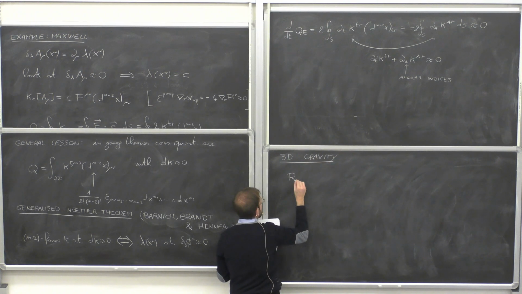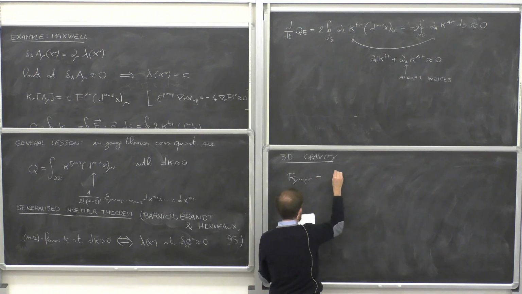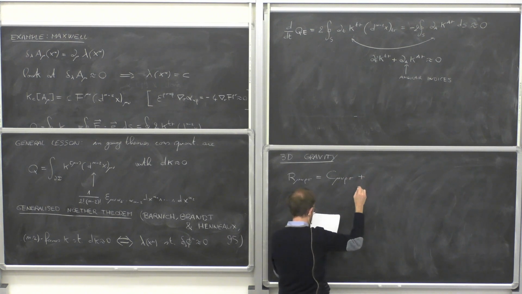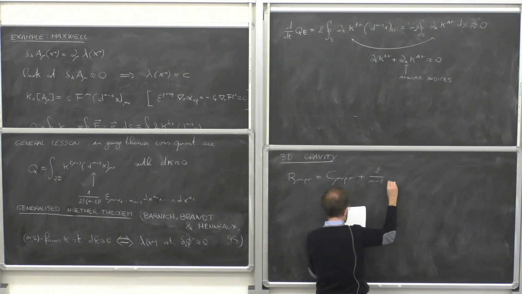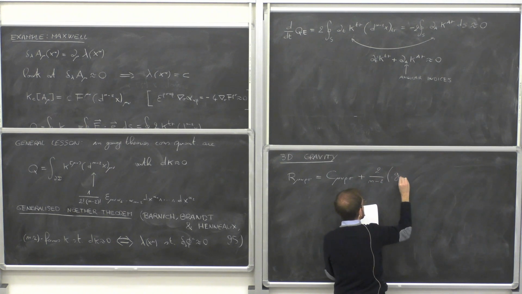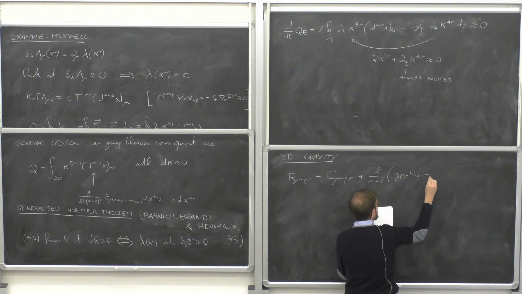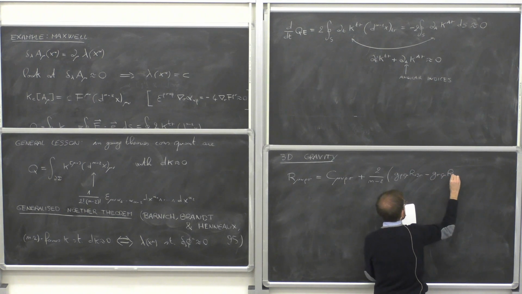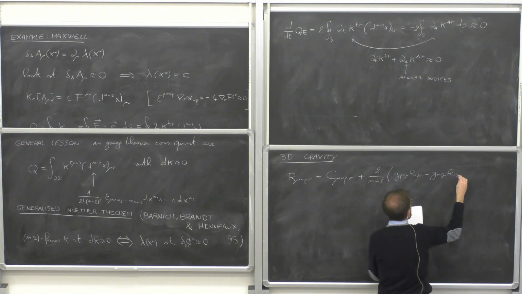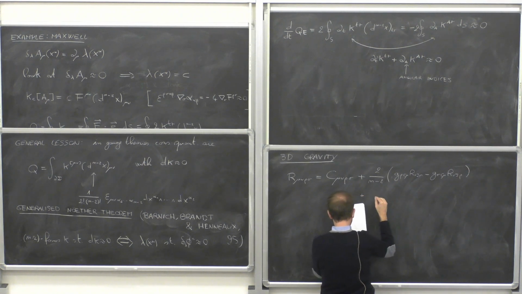Well, one way of seeing it is that you just look at the Riemann tensor, and you can decompose the Riemann tensor in its traceless part plus traces. Alternatively, you can think of it as being the definition of a Weyl tensor.